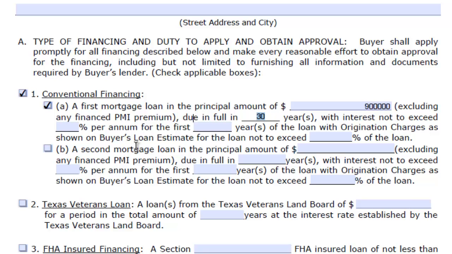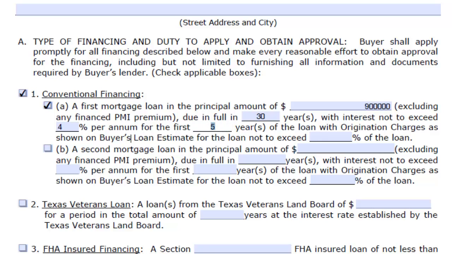Let's say for this example, it's 4%, fixed for the first 5 years. So then you put 5 years in this blank. After that 5th year, if it adjusts, that's fine. It's just saying that they've got to qualify for a mortgage that's no higher than 4% per annum. Annum just means year, per year for the first 5 years.